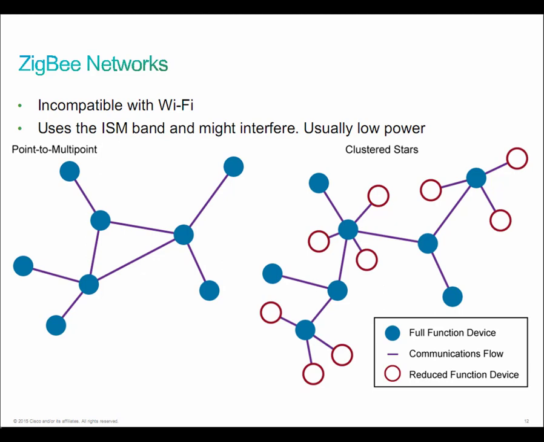The maximum power of a ZigBee device is 60 milliwatts, which is pretty significant if you think about it, because on a wireless network, the maximum transmission power is 100 milliwatts. So these ZigBee devices can operate at a pretty significant power that could interfere with our 802.11 wireless network.